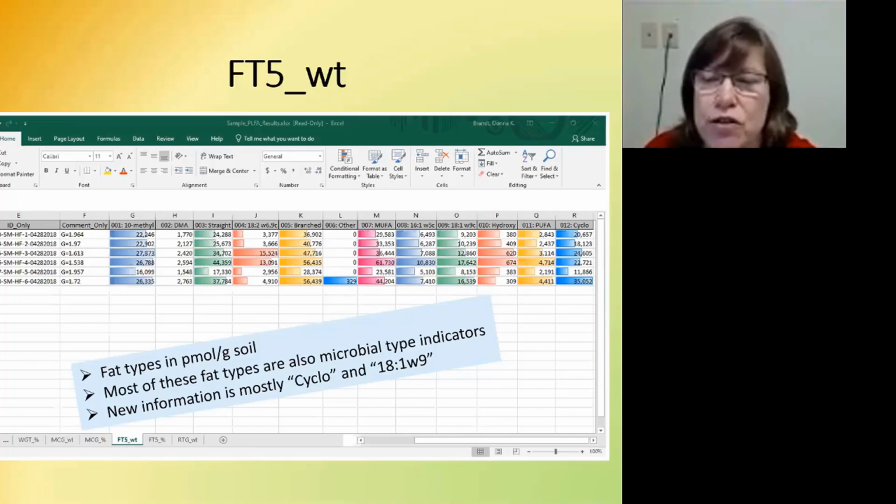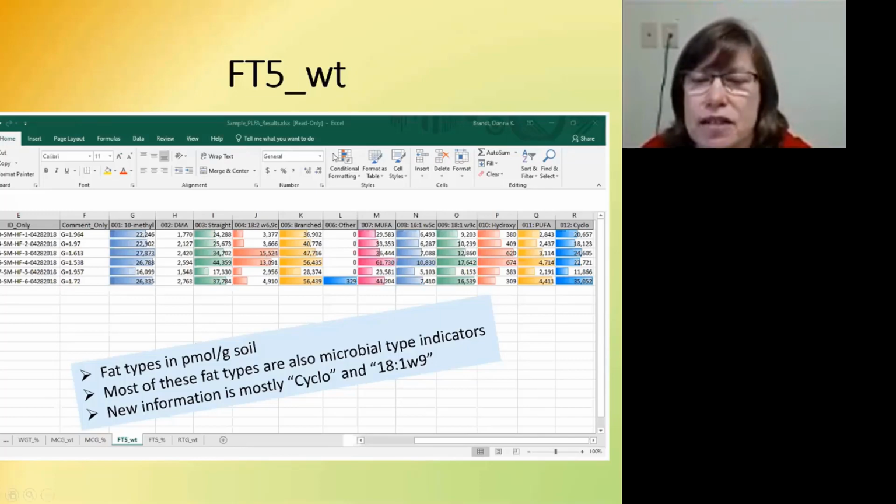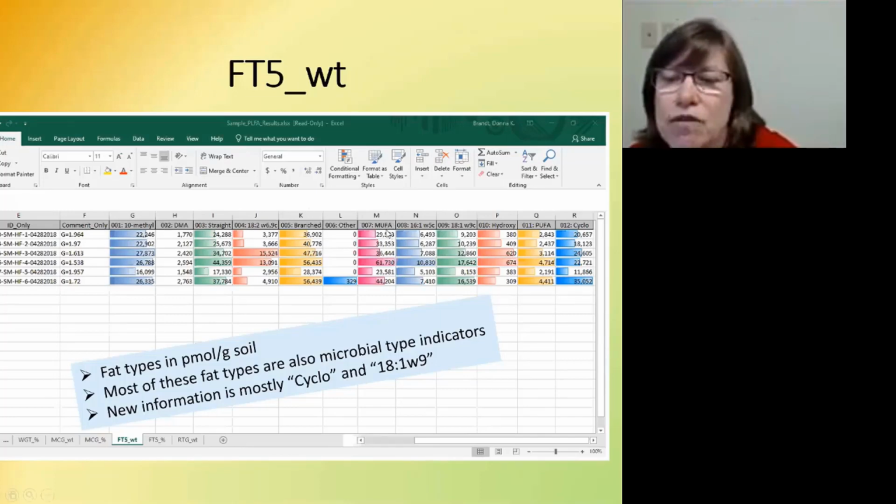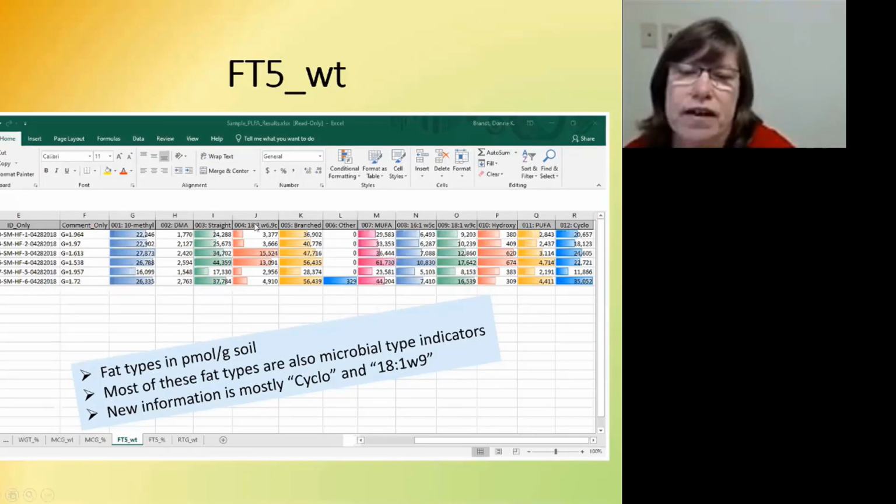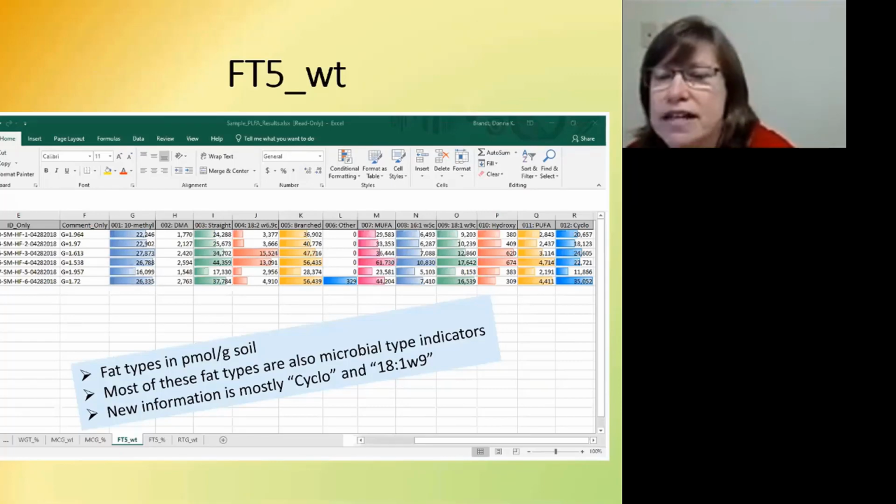But we do have other types of fats, like looking at the straight chains, the branched, the monounsaturated, the polyunsaturated. And again, the 18.2 is the same as the fungi. The 16.1 is the same as the arbuscular mycorrhiza.